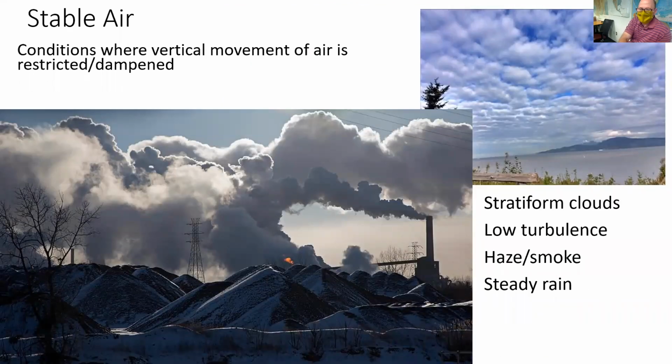Okay, got some pictures here showing some visible indications of stable air. Stable air is air that resists vertical motion, right? Convective kind of conditions. Well, here are two examples. One is stratiform clouds in the upper right, where the clouds are basically all at a single elevation. You can also see them as wispy clouds.